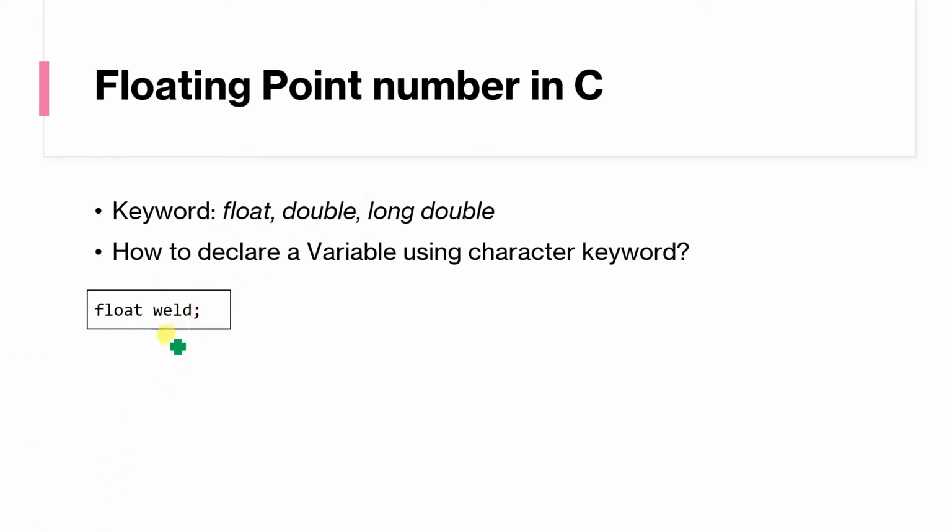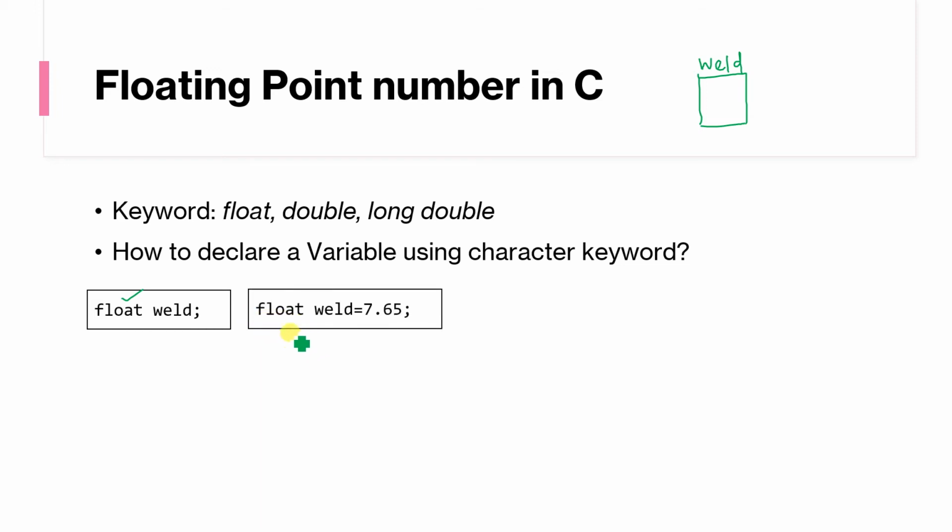Whenever you declare float weld, the compiler will automatically allocate space for the variable weld, and we can store any floating point number inside that. This keyword specifies that we are about to store a floating point number in the space allocated. Okay, so this is the declaration.